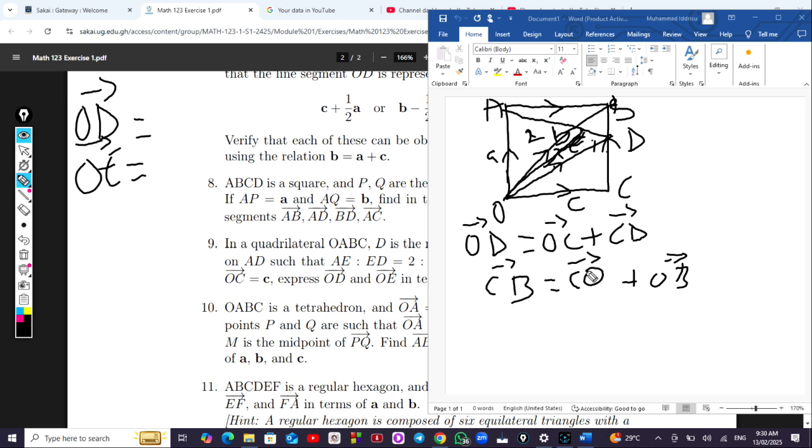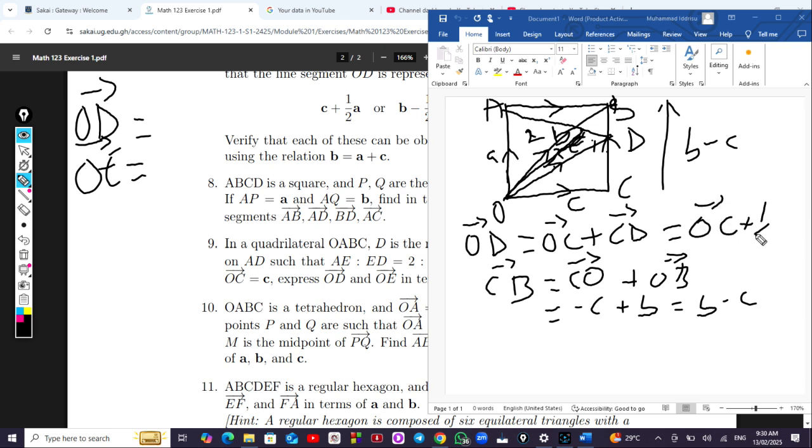CO plus OB. So CO is negative OC. So I have it as negative C plus B, which gives us B minus C. So we now know this to be B minus C, and CD is half of CB.